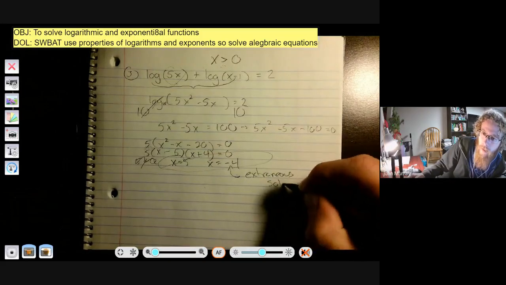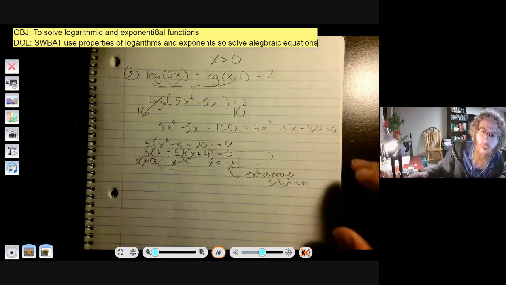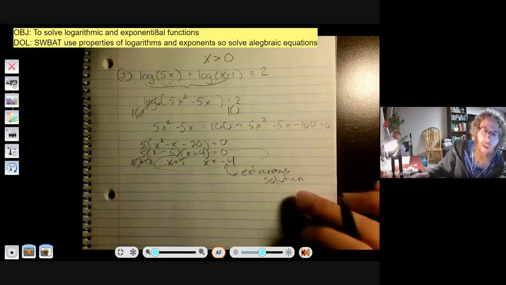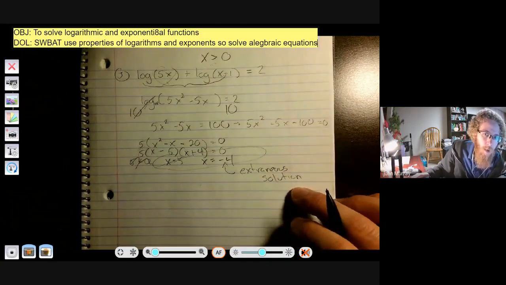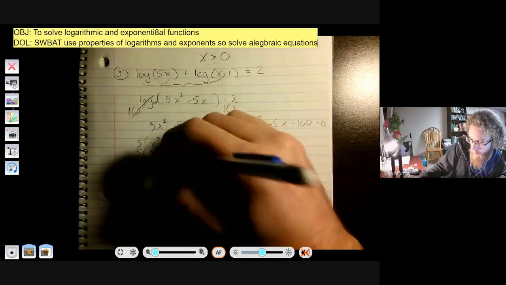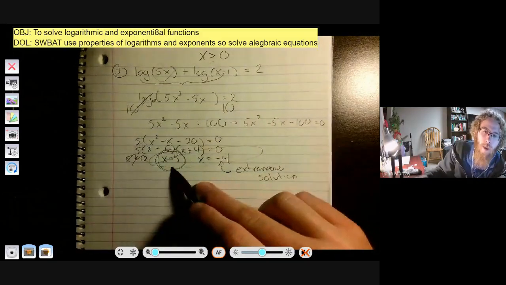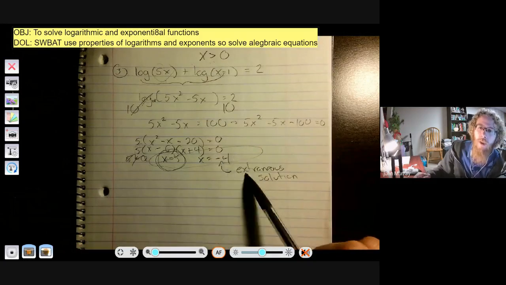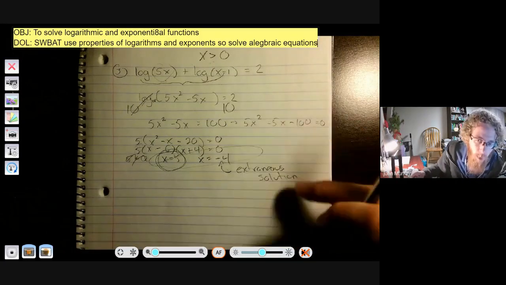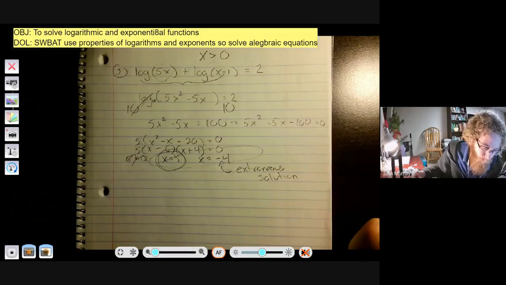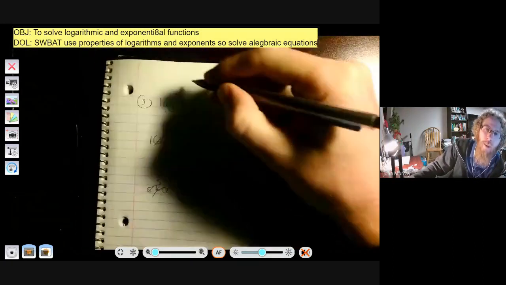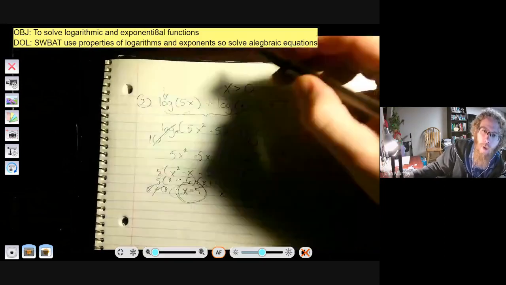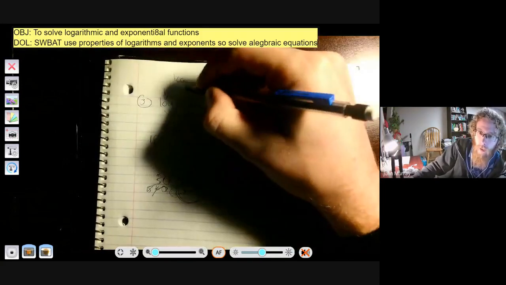I think I mentioned it last week, but here we have an extraneous solution. So we only have one answer, x equals 5. x equals negative 4 is a solution, but when we go back to plug it in, it doesn't work. So you do have to be careful with that when we're dealing with logarithms.